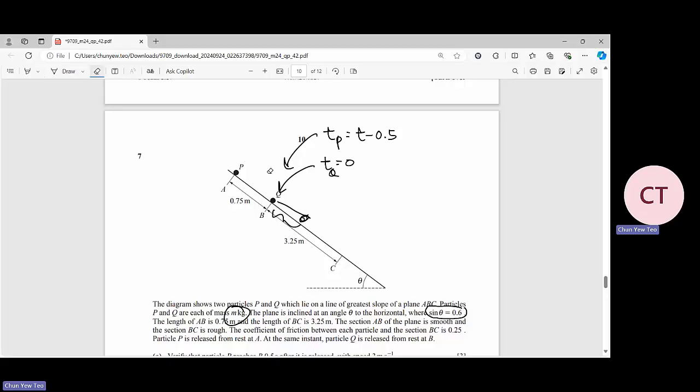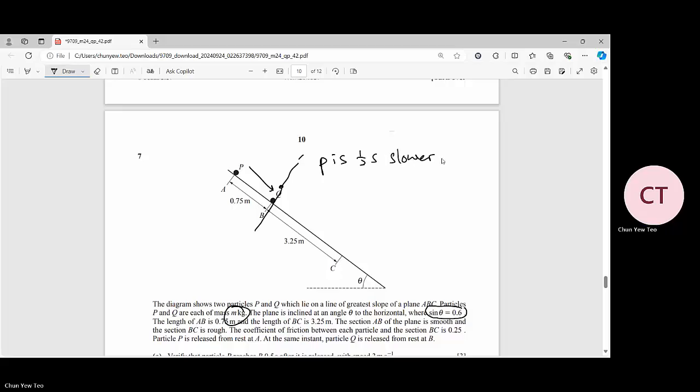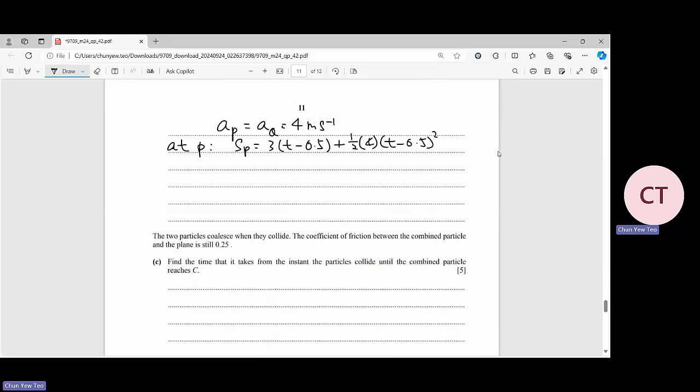So we consider that P starts half a second later than Q.